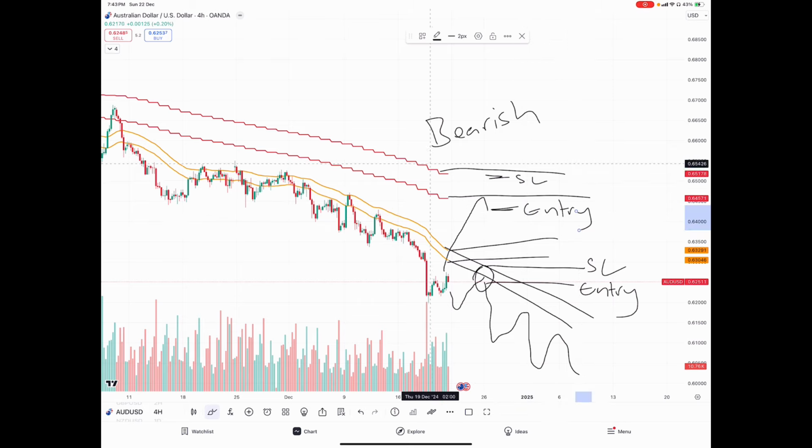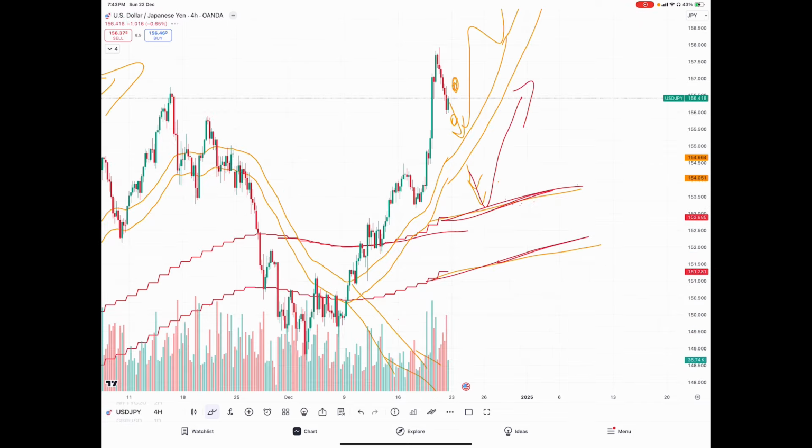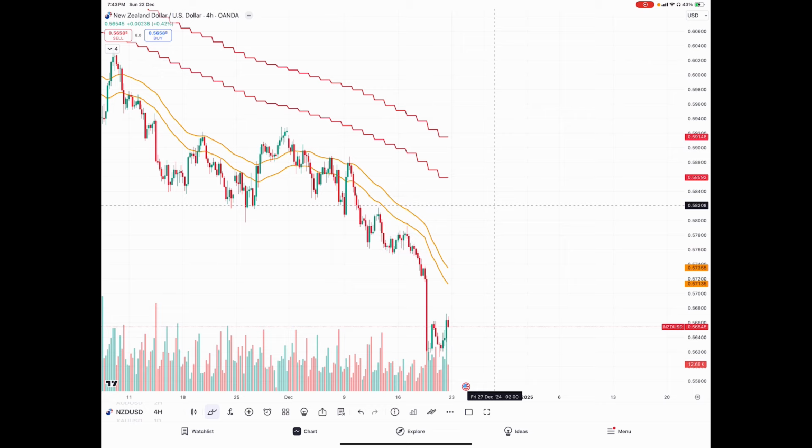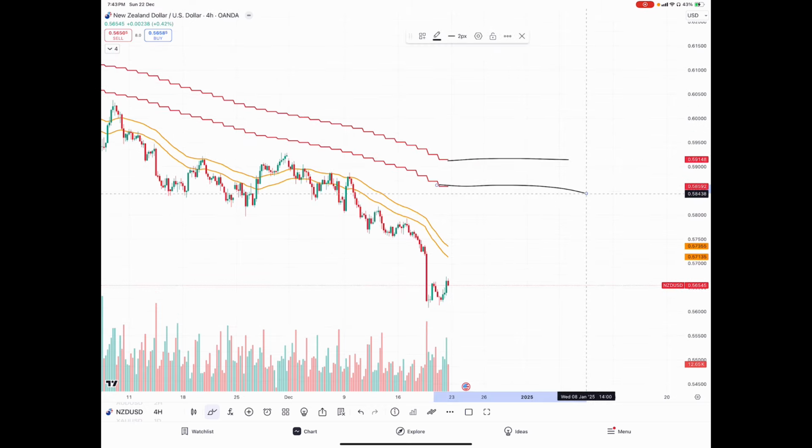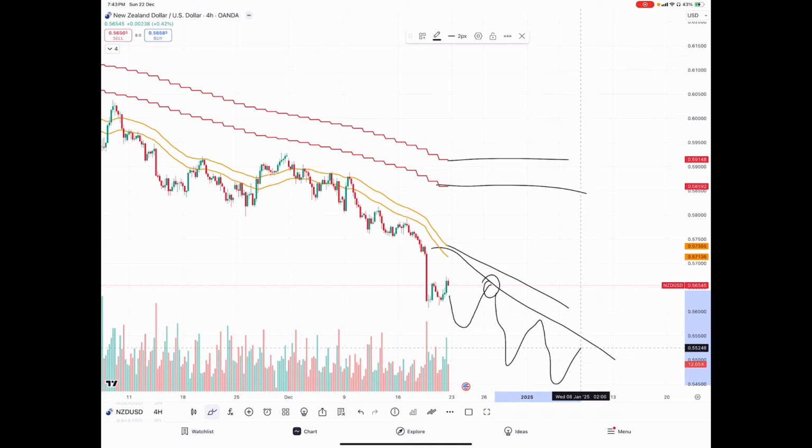So when red lines are above, the orange lines are below, we'll only look for bearish trades. When the orange lines are above the red lines, like in USD JPY, we'll only look for bullish trades. So let's look at New Zealand dollar and US dollar. It is also the same thing. It gaps down and it traces here. This is the entry, with these being the stop loss.